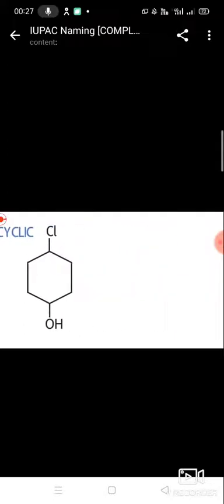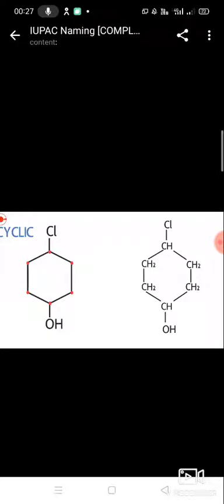Next example. Look at this compound. This is a cyclic compound. In this cyclic compound, each corner shows a carbon atom, and you also have to keep in mind that around the carbon atom 4 valency should be satisfied. 6 corners are there.